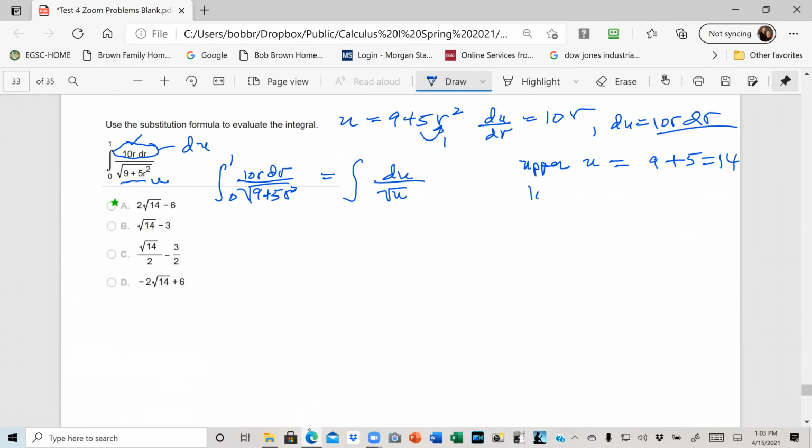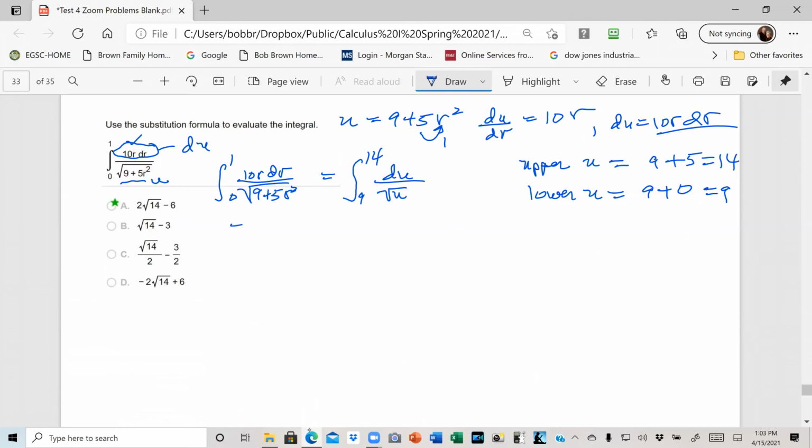And the lower, u is going to be 9 plus 0, plugging in 0 is 9. So the integral is going to be from 9 to 14.